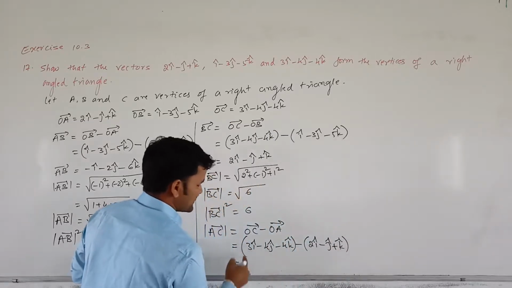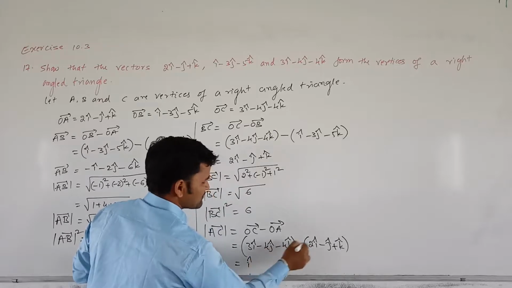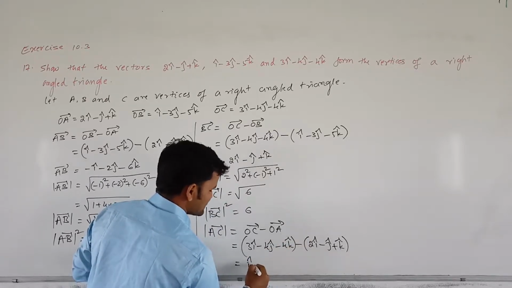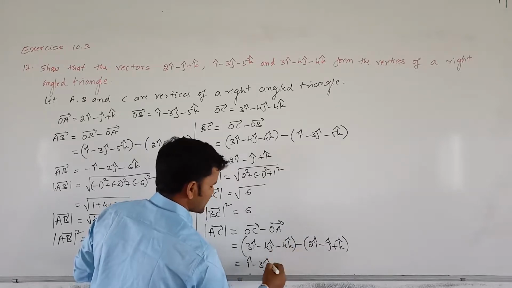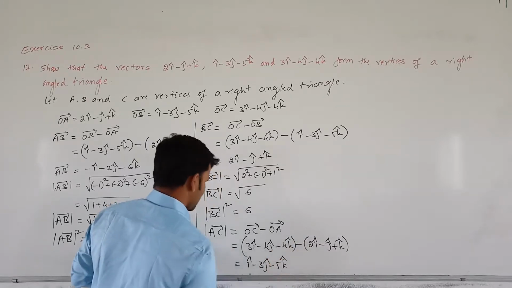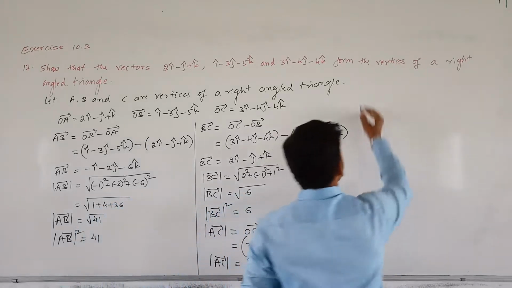Subtracting the corresponding components, 3i minus 2i is plus i, minus 4j minus minus j means minus 3j, minus 4k and it is minus k means minus 5k. This is vector AC.